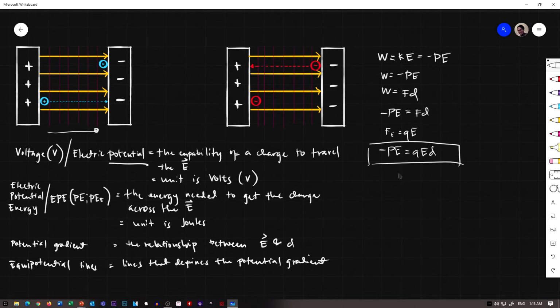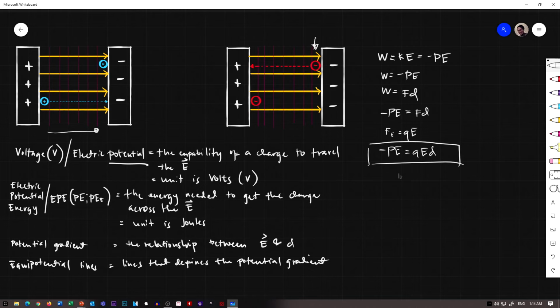You can also say the same thing here on the second diagram. You have an electron placed on a negatively charged plate. Of course, it will be attracted to the positive plate, so it will move through that direction, as indicated by the red dashed arrows. Its potential energy is at its highest at this place.